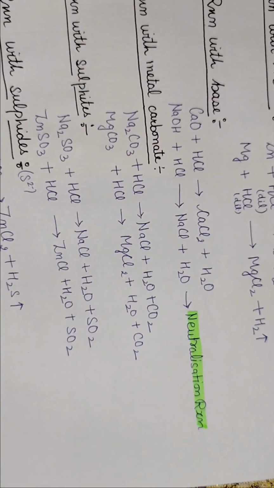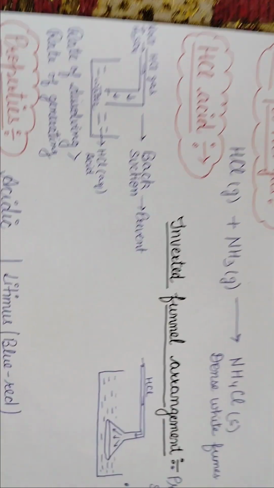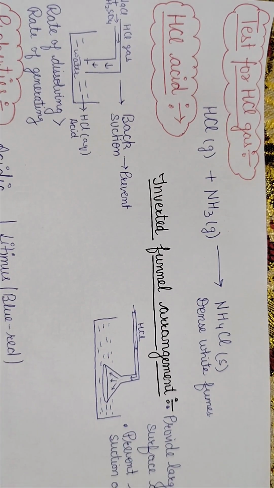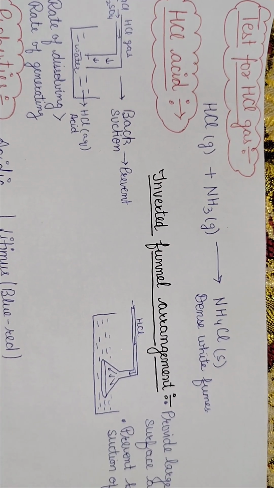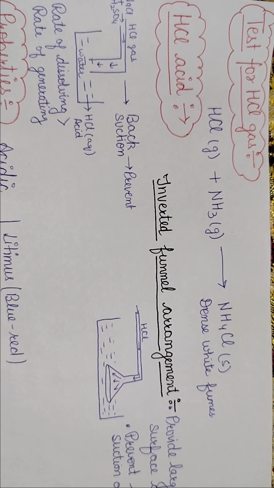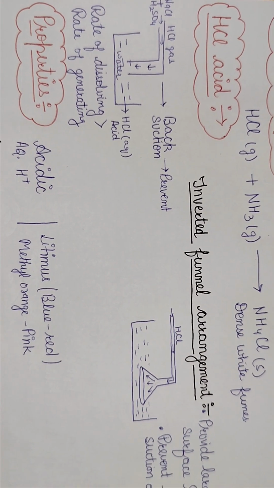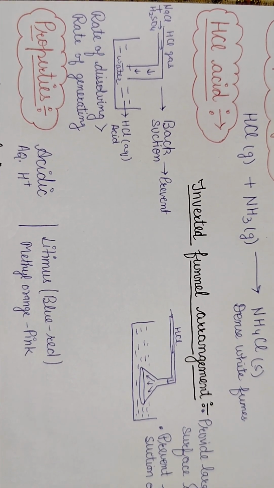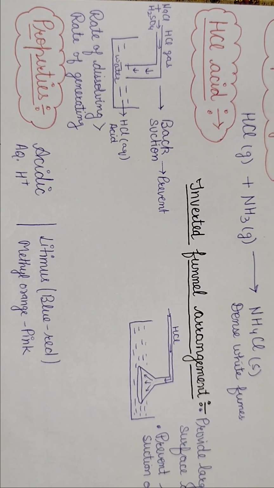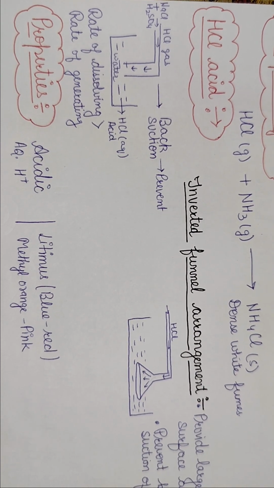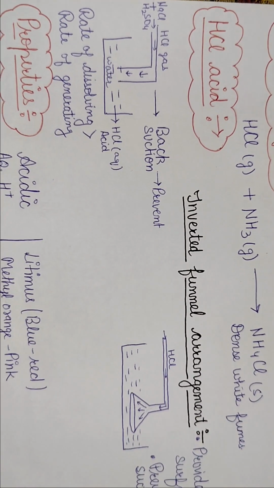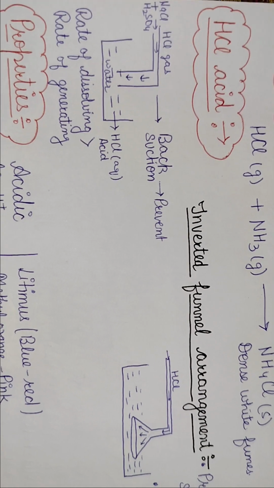Okay. Then the next important thing is the test for HCl gas. Whenever we test for it, we use ammonia, and it will give you dense white fumes. All right. Then we are going to talk about HCl acid. We can use an inverted funnel arrangement here, because we are generating the HCl gas.